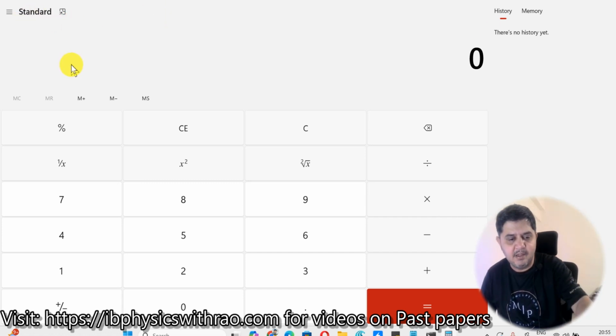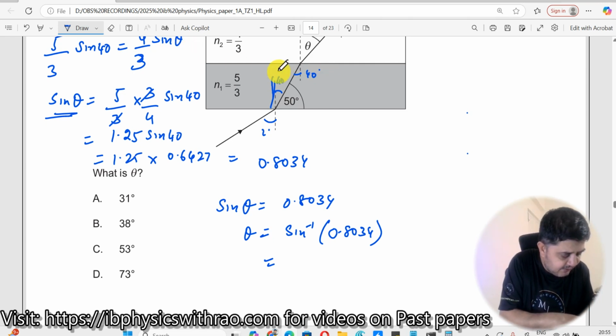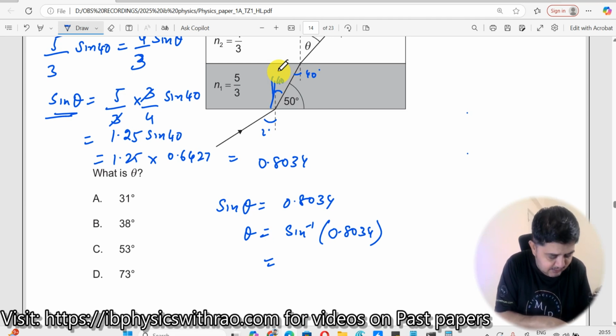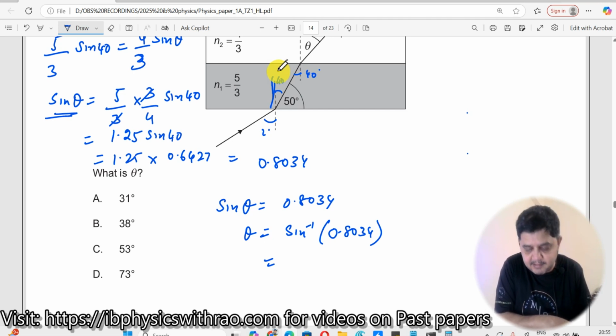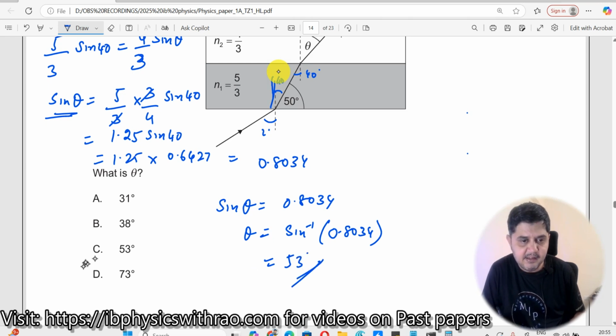Okay, now if you take the sine inverse of 0.8034, you get the answer as 50 degrees. You can try it out yourself. So the answer is 50.